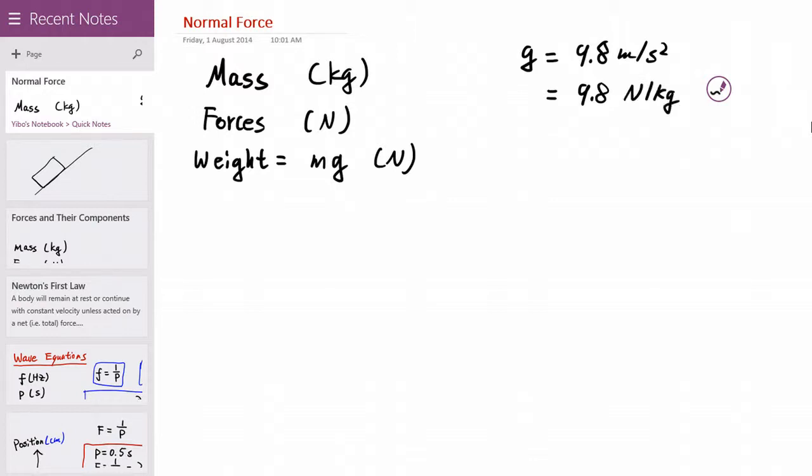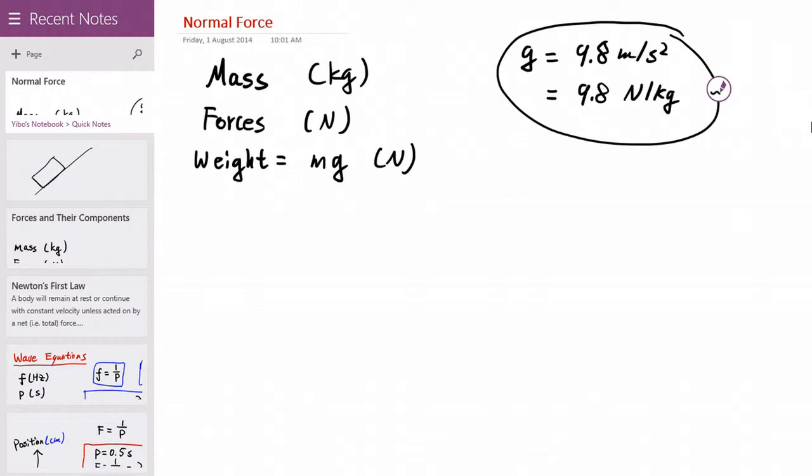There are 2 units for gravity. It means the same thing. So mass times acceleration gives me a weight, or mass times acceleration gives me a force, which is measured in newtons.